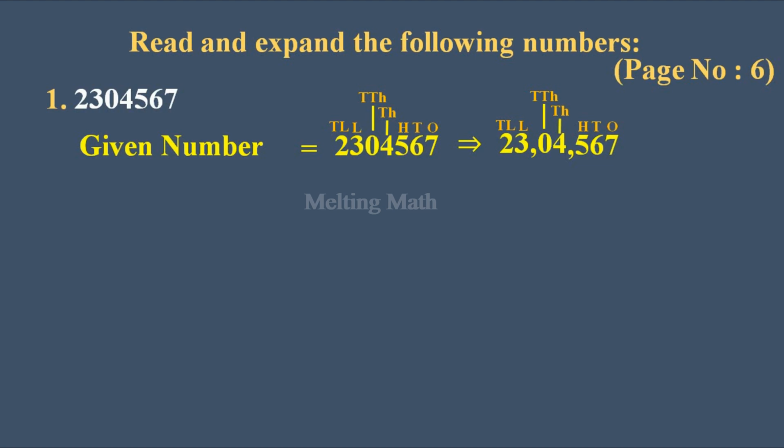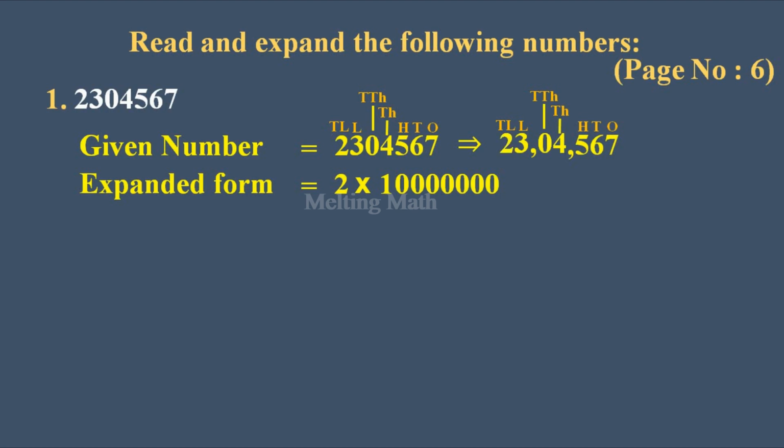Okay, we already discussed. Then we have to expand based on the places. Just see the first digit, that is 2, that is in the place of 10 lakh, so just multiply with 10 lakh. 10 lakh means first write 10, then lakh means there should be 5 digits of 0, so write 5 zeros with it. 2 into 10 lakh, this is the first digit expanded form.